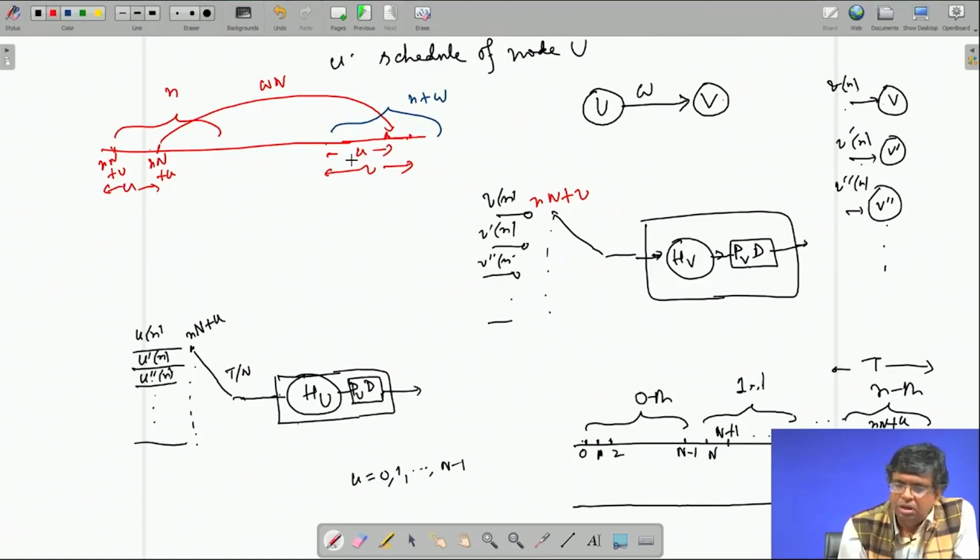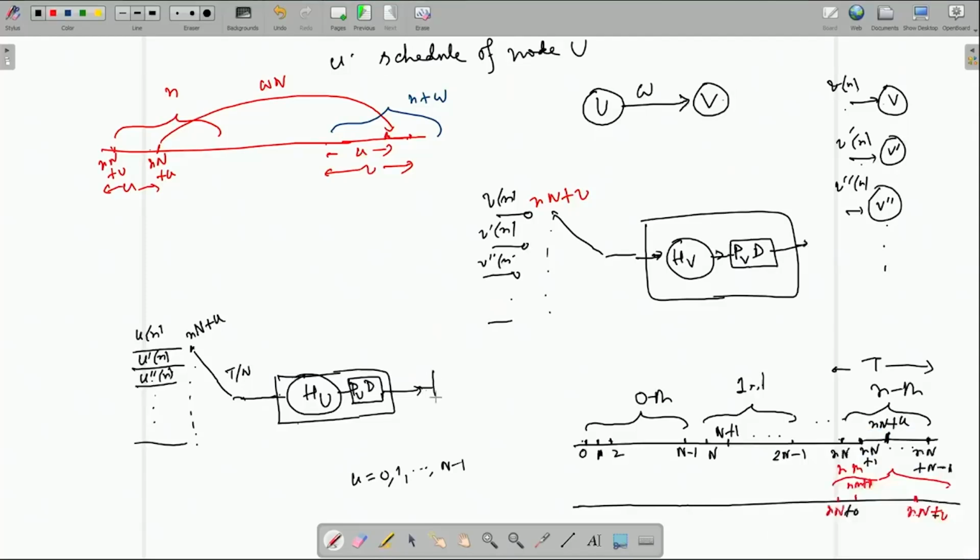That means this output should have a delay, how much? Wn plus V minus u. Now, out of this delay, already a Pu amount of delay has gone in. So, net delay required will be minus Pu.